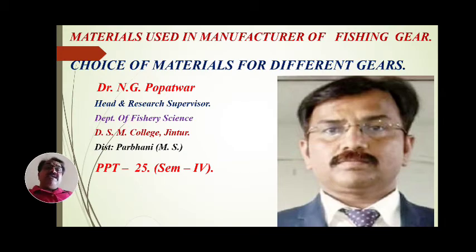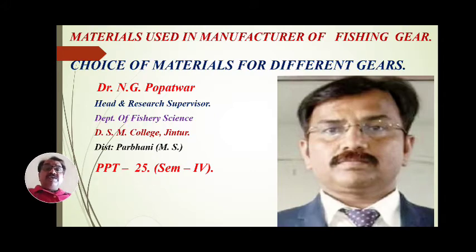All these materials are to be used. From the first point to the last point, the fishing methods, how fabrication of fishing gear is to be done, and which material we can select for the construction or manufacturing of our gears.